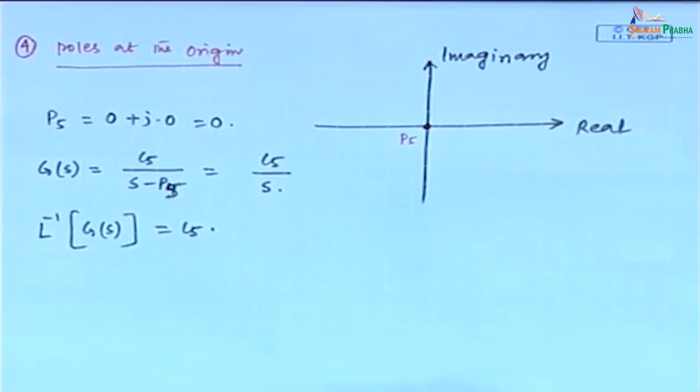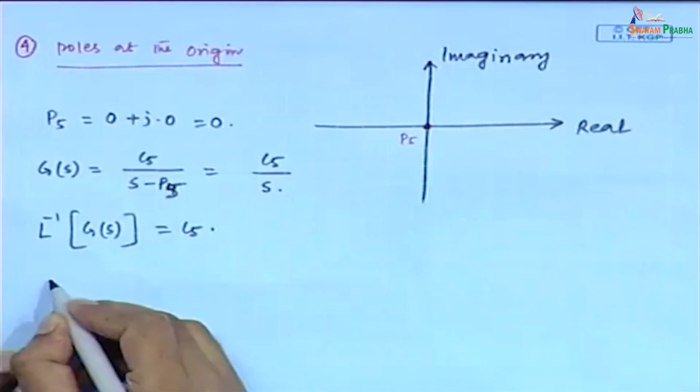So, these are the 4 different cases which we have considered here, and we can conclude based on these 4 observations that a system is said to be stable if all the poles lie in the left of imaginary axis. This is our conclusion.